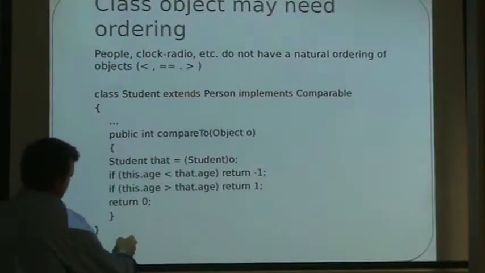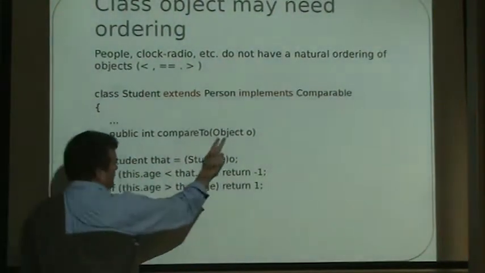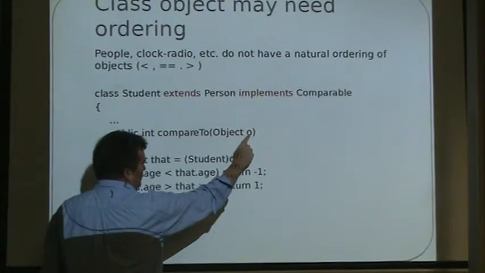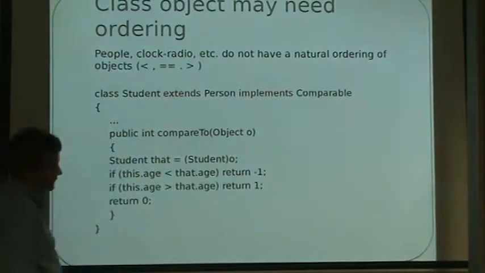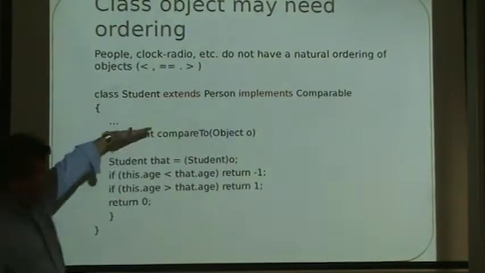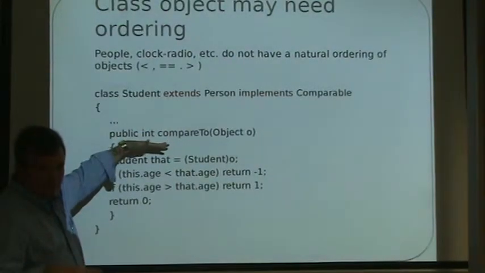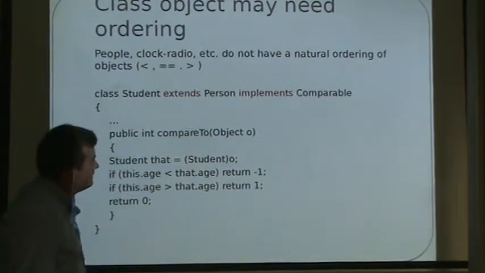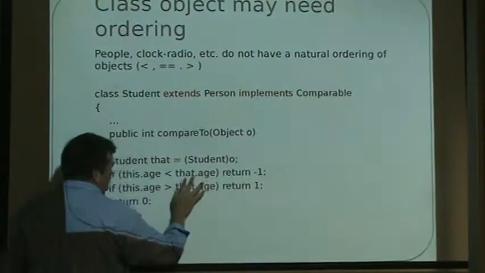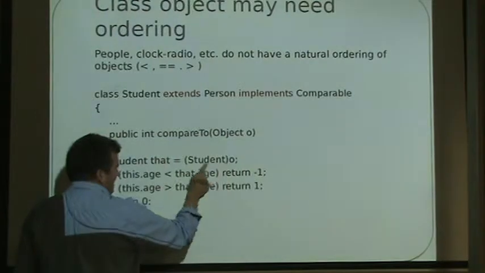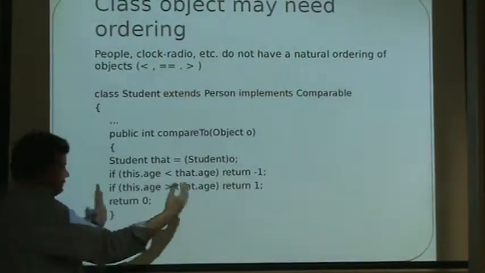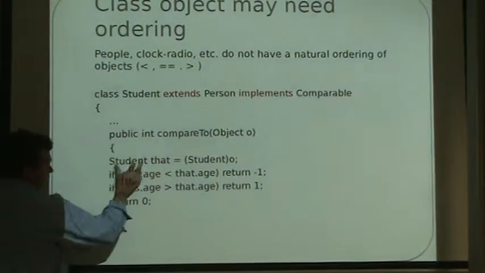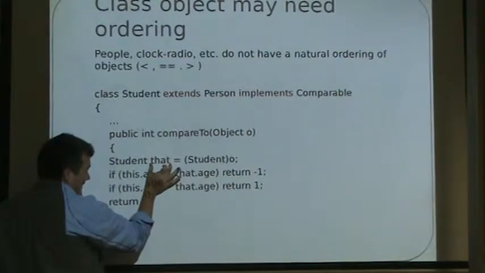So we pass in an object, the object reference O. Every object you ever deal with in Java inherits from this class called Object. So you pass in an object, we cast it to a student, and we call the one that got passed into us that.